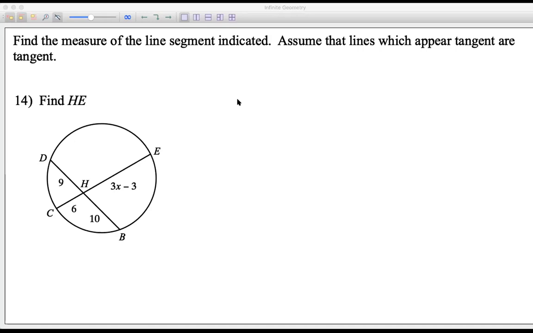Okay, so 9 times 10 is 90. So we get 90 is equal to... and some people would do that whole thing in their head. Other ones would simply write it out. Oh, my word. All right.